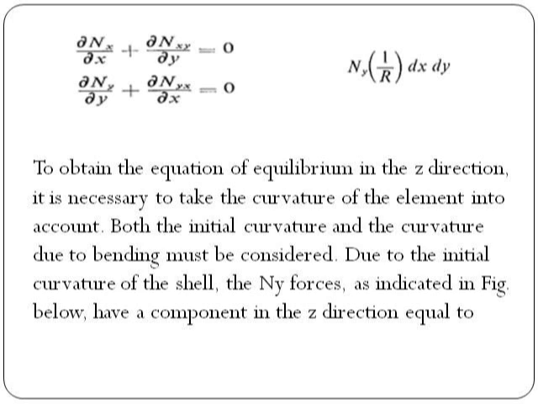Both initial curvature and curvature due to bending must be considered. Due to initial curvature of the shell, the force Ny, as indicated in the figure, has a component in z direction which is equal to this. This will be the z component.